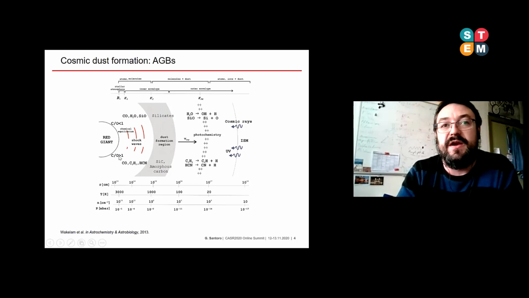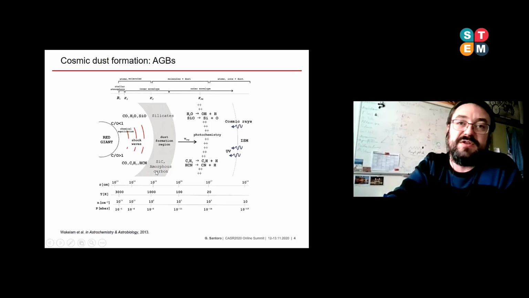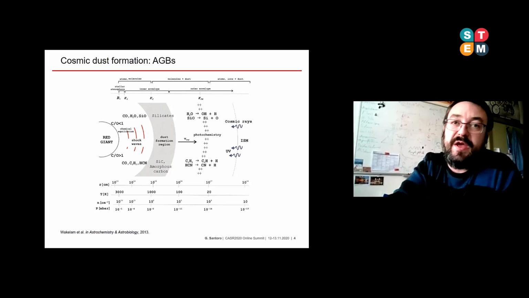Then in the inner envelopes a very rich chemistry starts that leads to the formation of several chemical species, such as CO, water, and so on. At a certain distance from the star, the physical-chemical conditions are appropriate for all these molecules to aggregate, forming solid material. So they condense, forming dust.